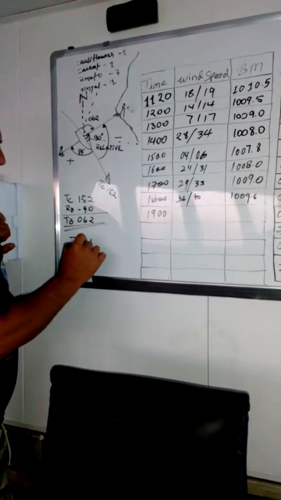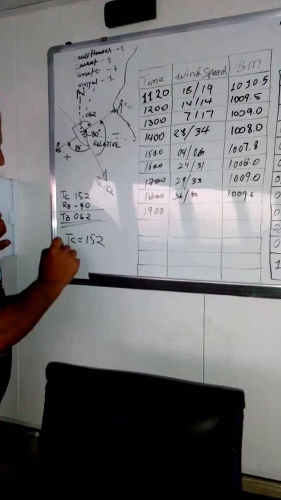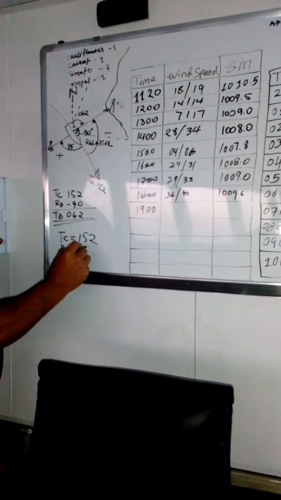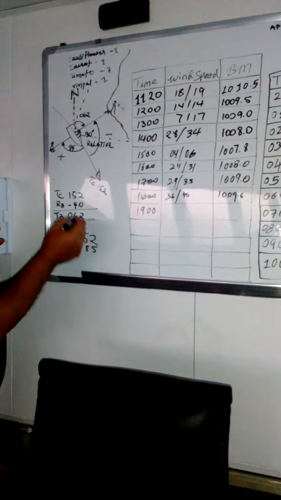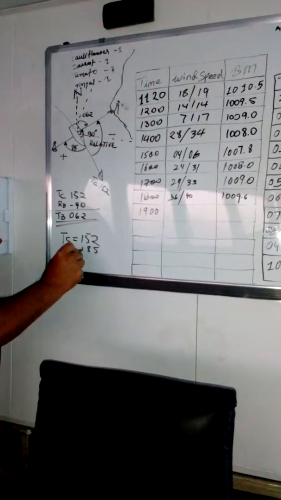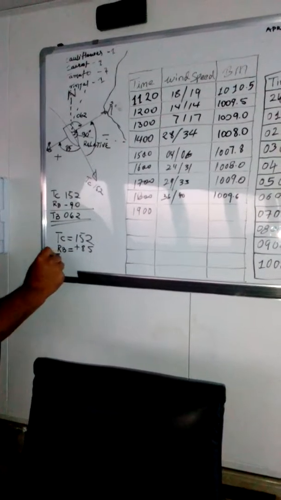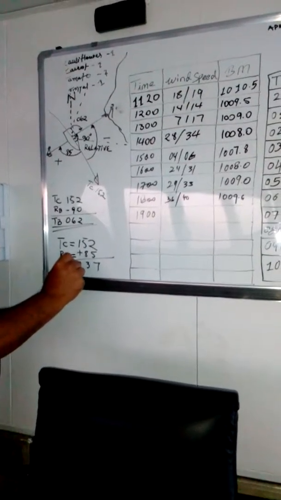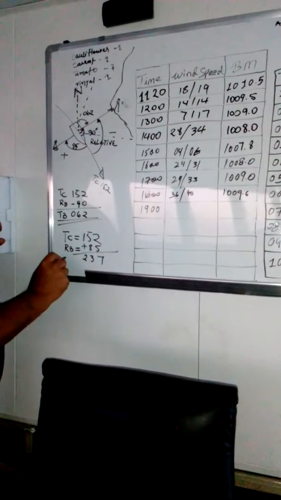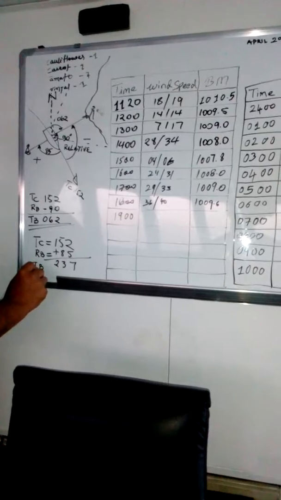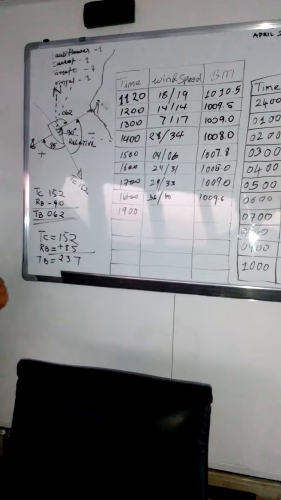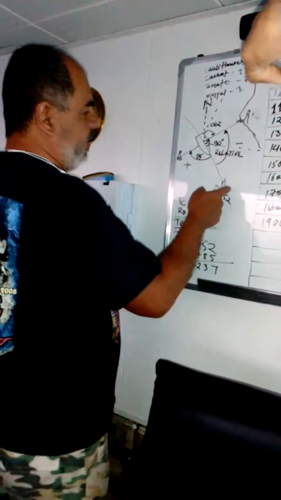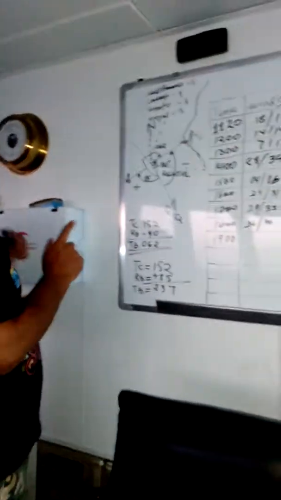True course is 152, relative bearing is 85. Because it's starboard, it's plus. So that means it's 237 true bearing.